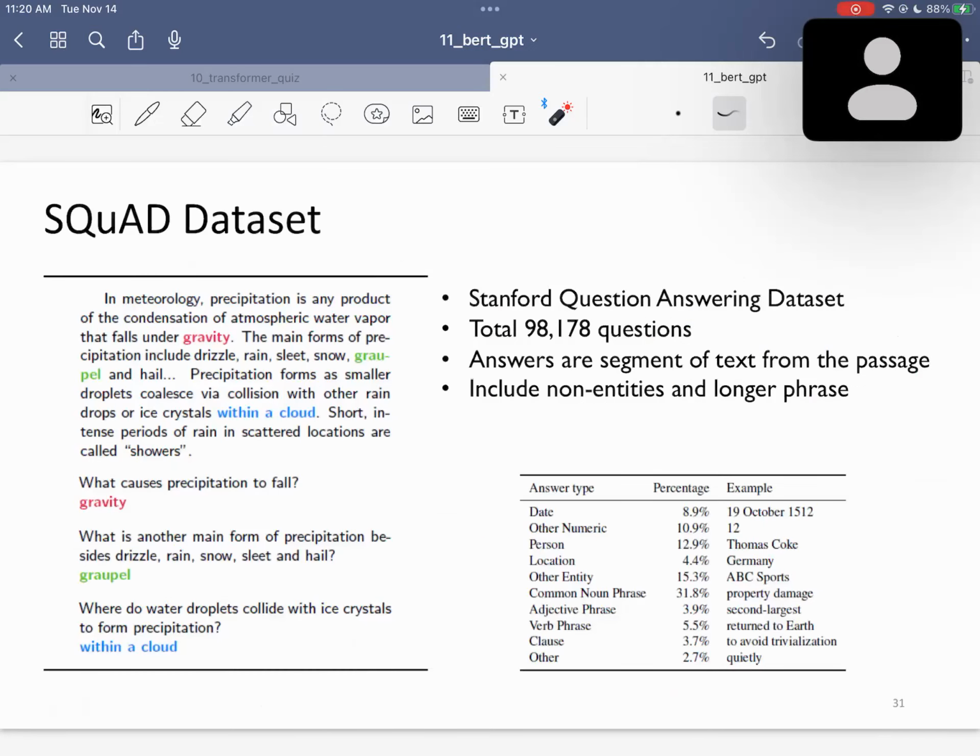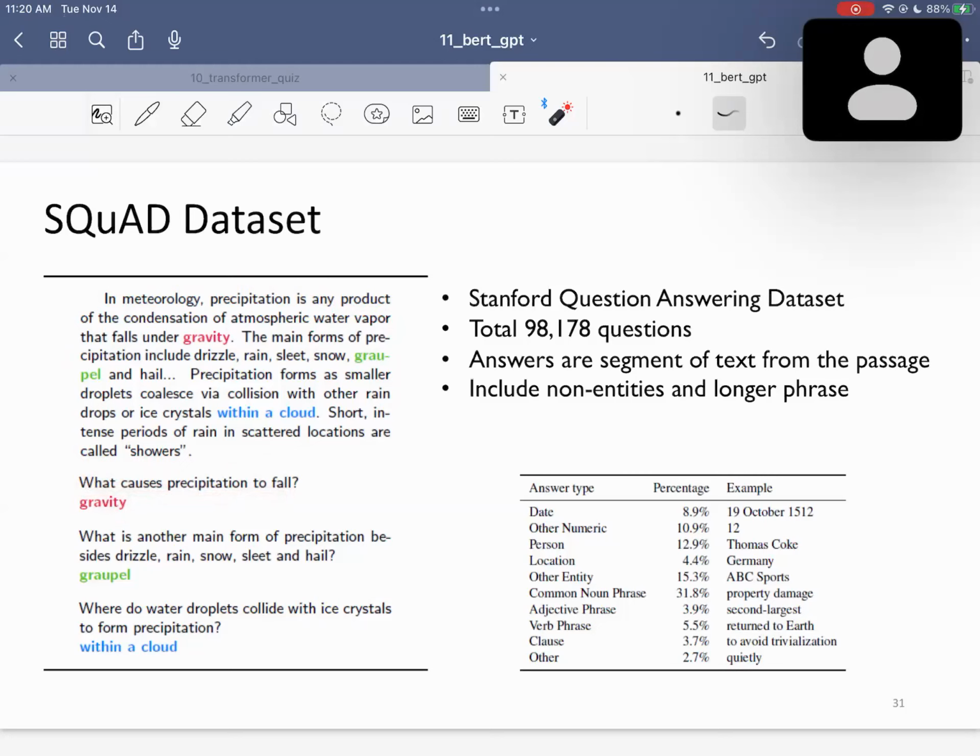So Squad, I'm going to take a little bit more time on the Squad data set. Squad is a question answering data set. It was the go-to data set for evaluating how smart or intelligent your language model is. It's very similar to Suneung, the college entrance exam in Korea. You have a reference text that you need to read, and then there's a question, and the answer is always in the text.